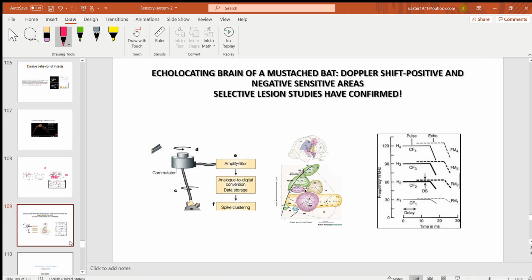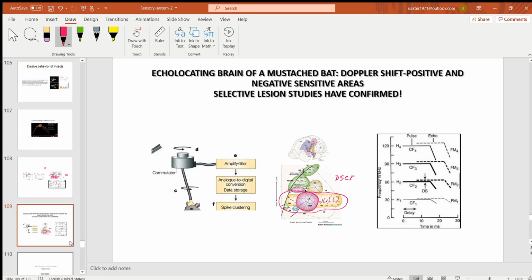Here you can see the same thing that I showed you. This is the primary auditory cortex, and you see the frequency map, different frequencies, of course much higher than human, and this area in the middle of the map is the DSCF, Doppler shift constant frequency.